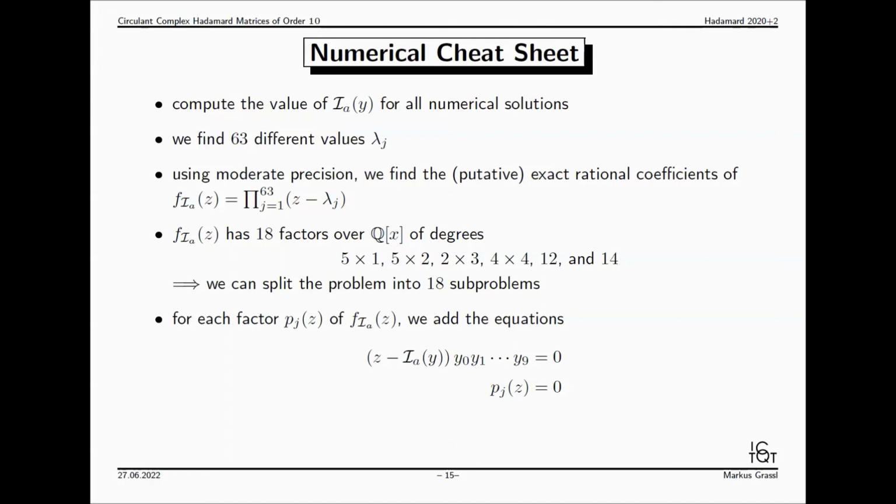So we can split our problem into 18 subproblems by just adding this equation, which is the condition that the variable c equals our invariant with cleared denominator. And we are using this minimal polynomial, or a factor of that polynomial, to say the variable c is constrained, say if it's linear, to this particular value.